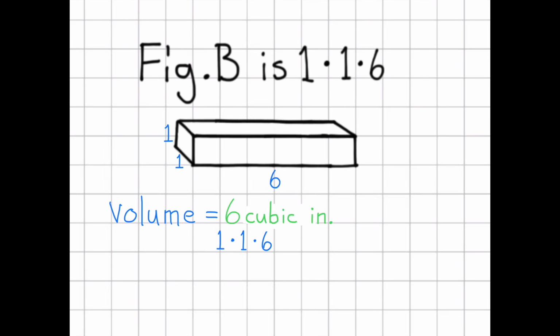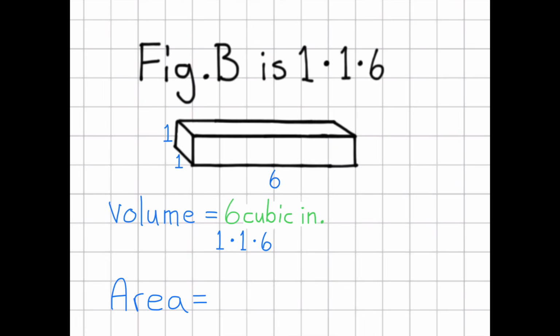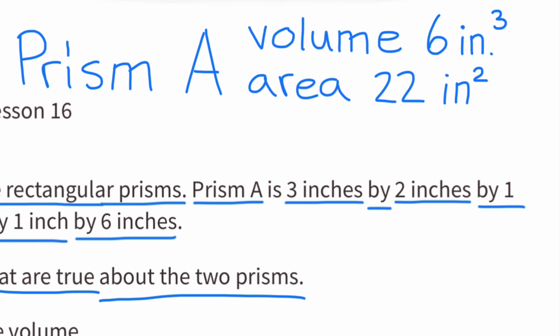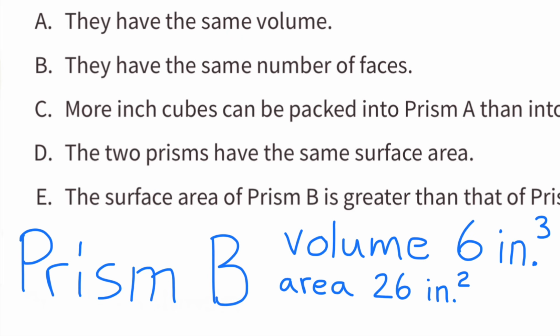So the volume of figure B is 6 cubic inches. The area of figure B is 26 square inches. Prism A has a volume of 6 inches cubed and an area of 21 inches squared. Prism B has a volume of 6 inches cubed and an area of 26 inches squared.